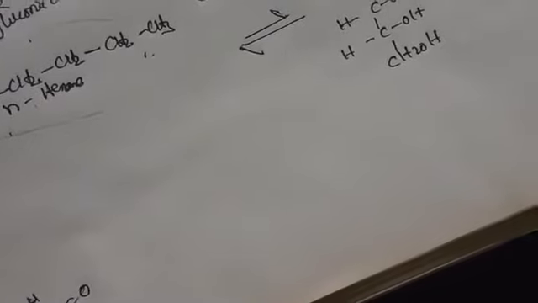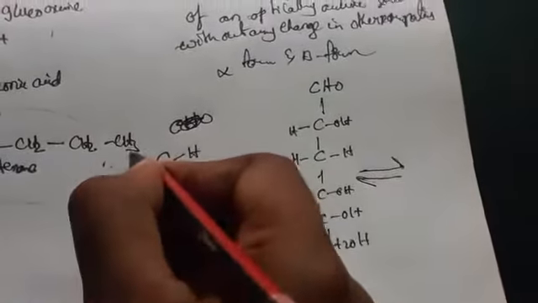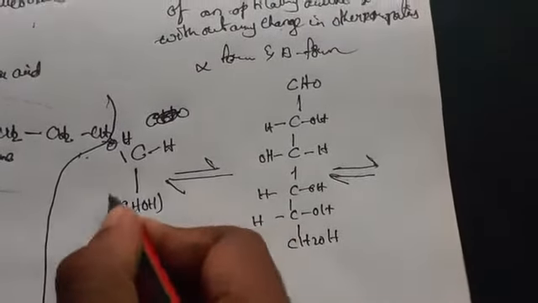Okay, let us see now. CHO, C, H, OH, and here these 3 can be written as CHOH twice, and here CH.